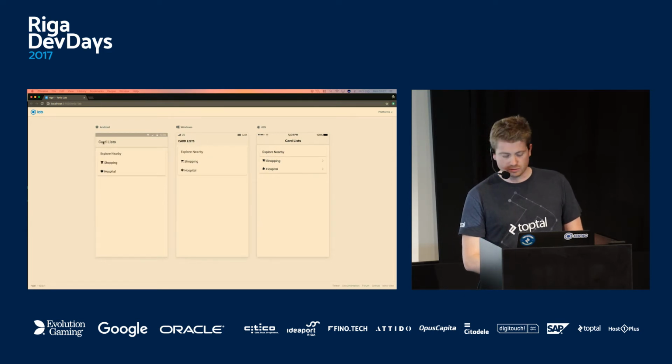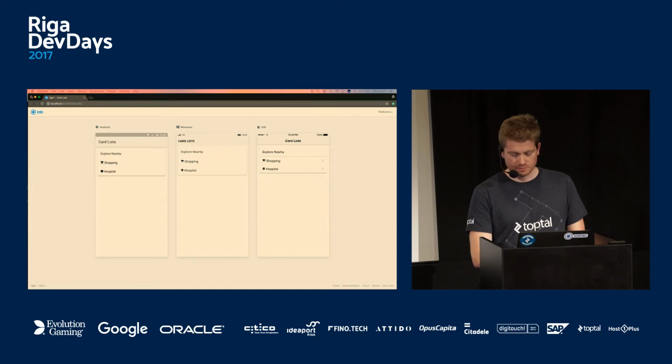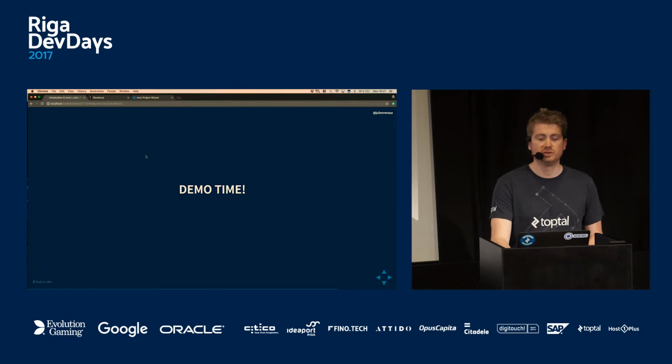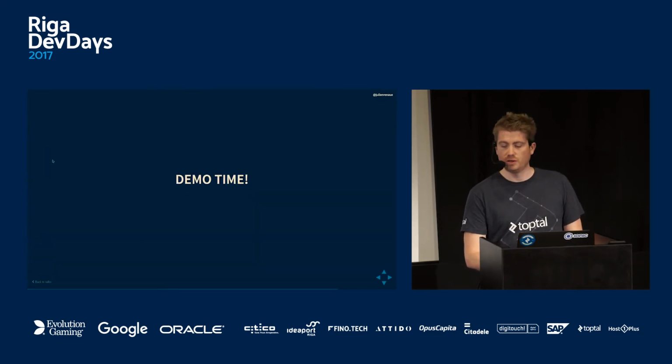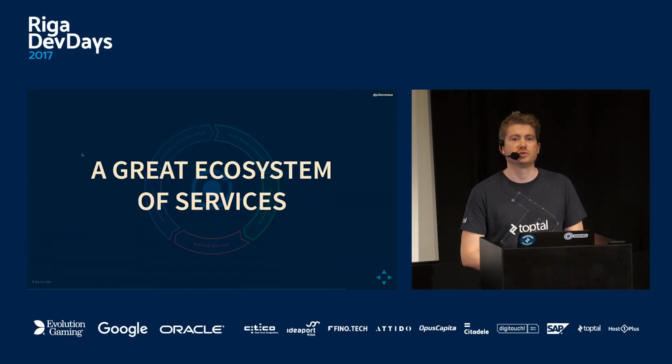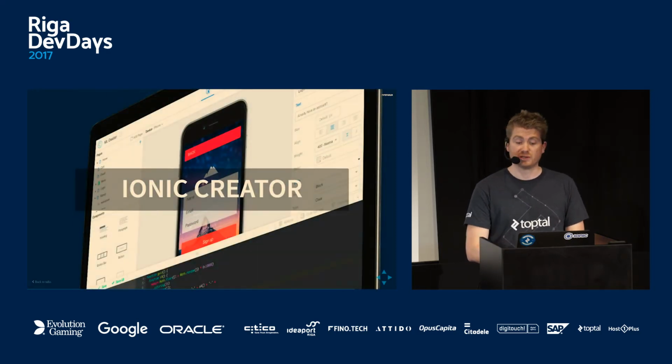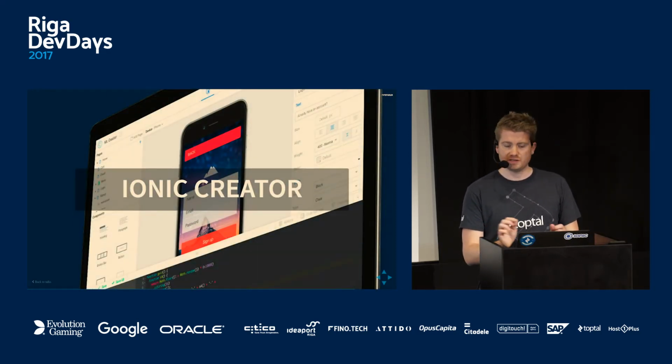Now we're going to go back to the slides. Okay. And before we conclude this talk, I wanted to show you the whole ecosystem of products and services Ionic has. So first we have Ionic Creator. Ionic Creator is a service to prototype applications with a drag and drop interface.